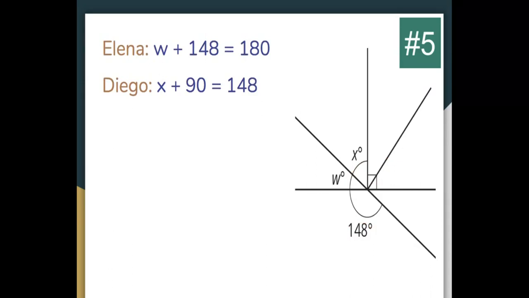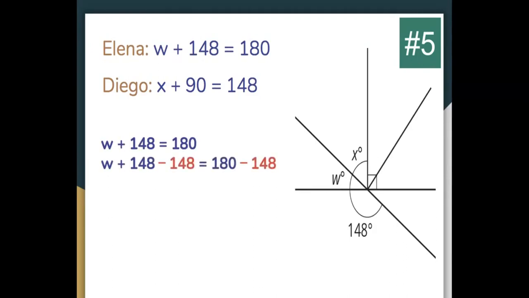Here's what you would see: W plus 148 equals 180. I would subtract 148 from both sides because I'm keeping balance on the equation, and that would result in W equaling 32 degrees. Then, using Diego's, we know that X plus 90 is 148 degrees.